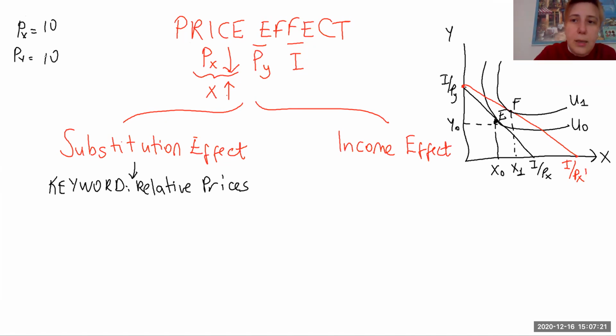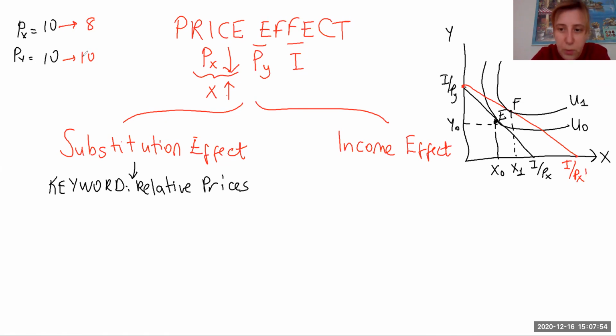Then suppose that the price of X is decreasing to 8 and the price of Y is still 10 lira. So the substitution effect tells us, although there is no change in the price of Y, it was 10, it's now 10. When the price of X is going down from 10 to 8, the price of Y is getting relatively more expensive.